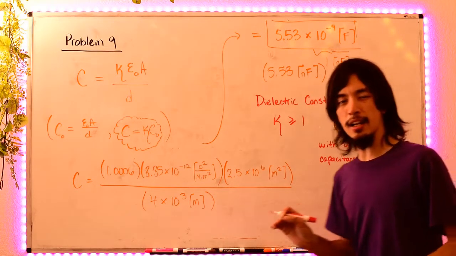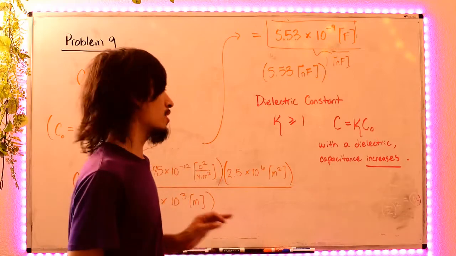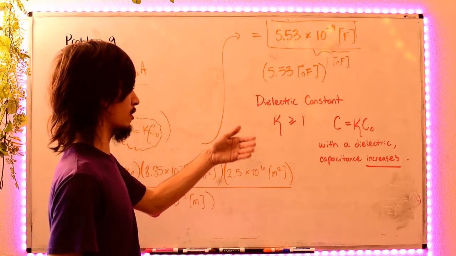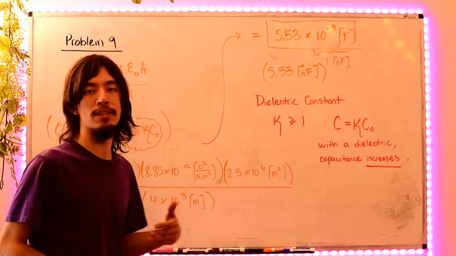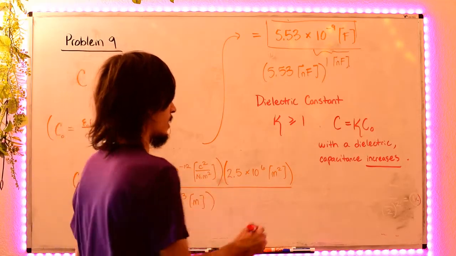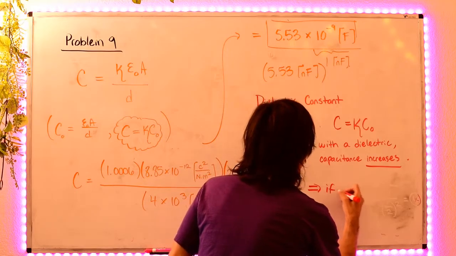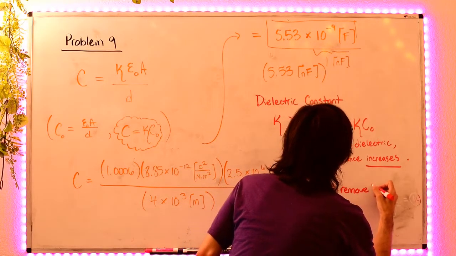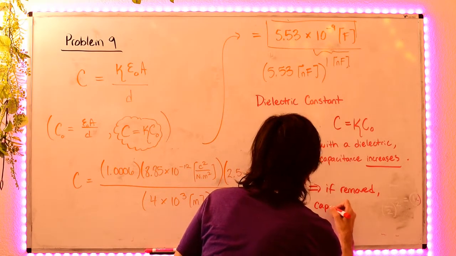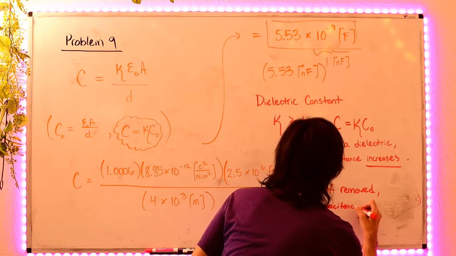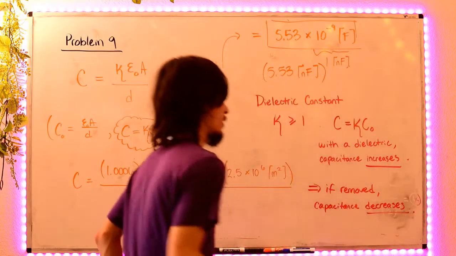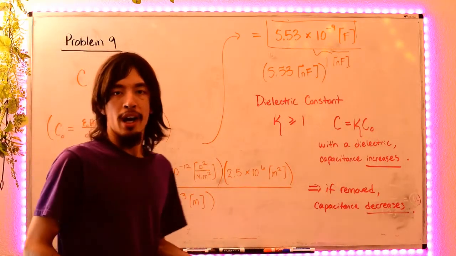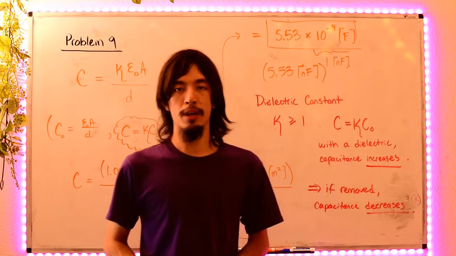Okay? But that's not quite the question. I'm asking you, having the capacitor with the dielectric, if you remove the dielectric, what happens to the capacitance? The answer is, if removed, capacitance decreases. So that's why the capacitance will go down upon removing the air.